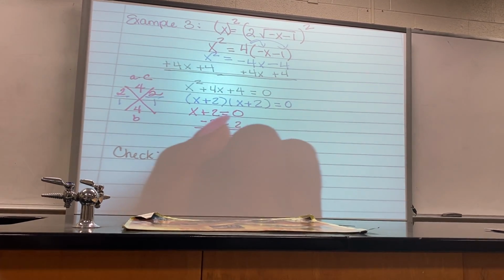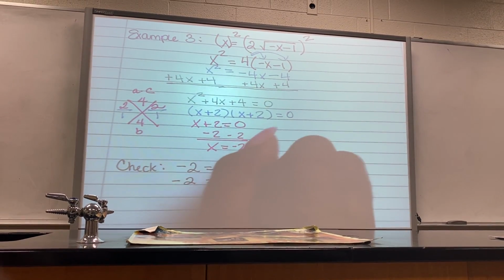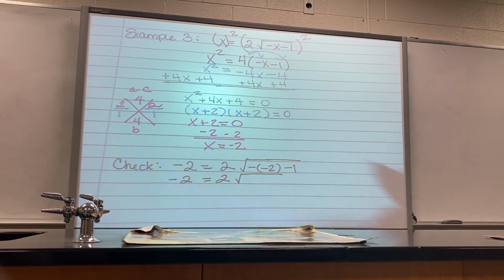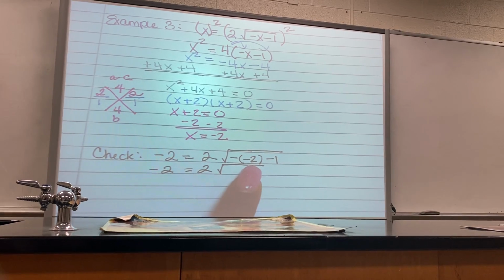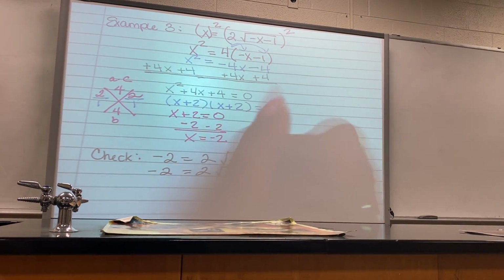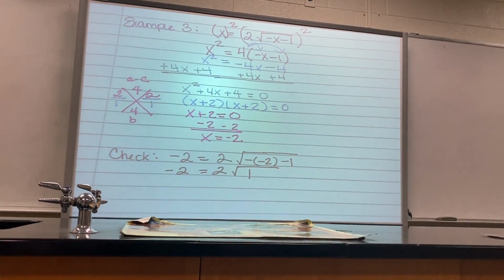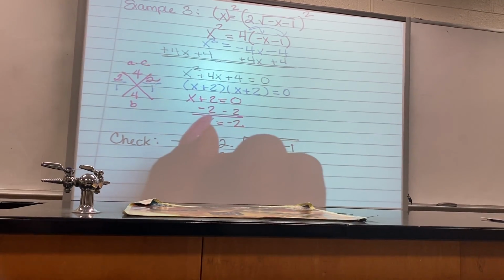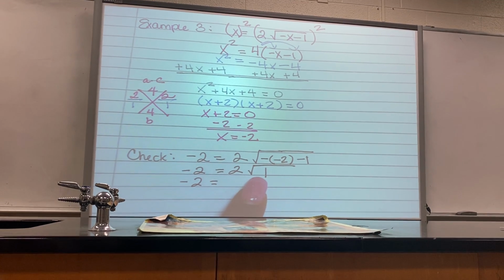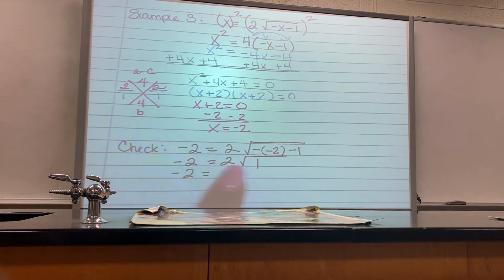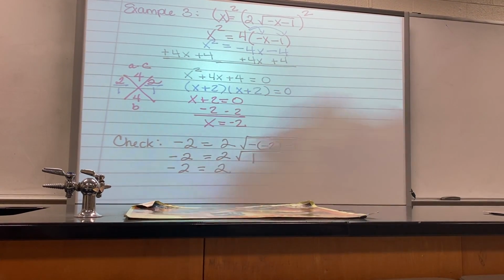Simplifying this, I've got negative 2 is equal to 2 times the square root of, negative 2 becomes positive 2. So positive 2 minus 1 is just 1. So negative 2 is equal to the square root of 1, which is 1. So 1 times 2 is 2.